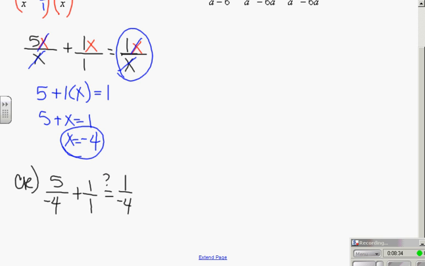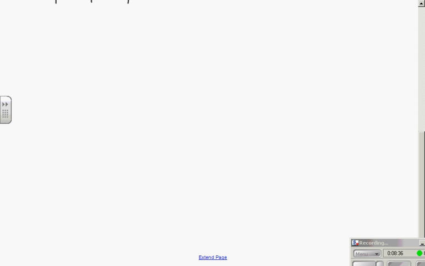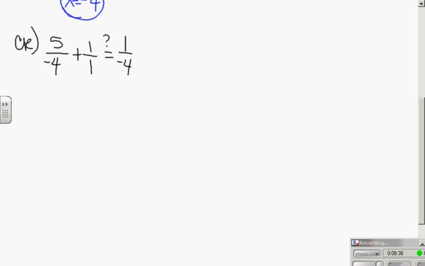Does that equal 1 over negative 4? I just substituted the negative 4 wherever there was an x. We add fractions by making a common denominator. And this statement is true. So we know our answer is right.